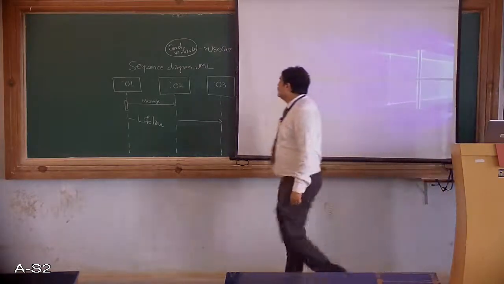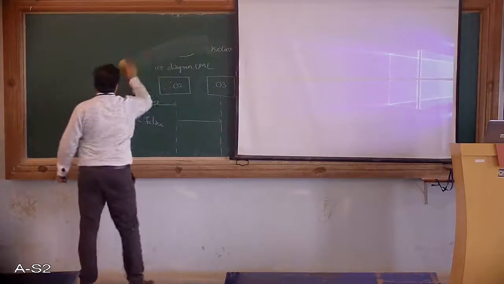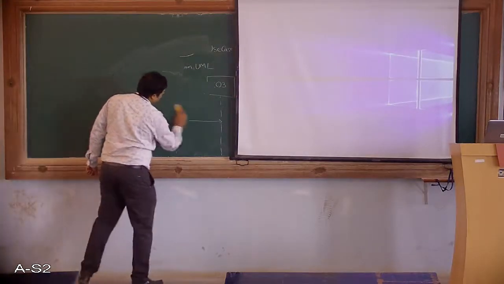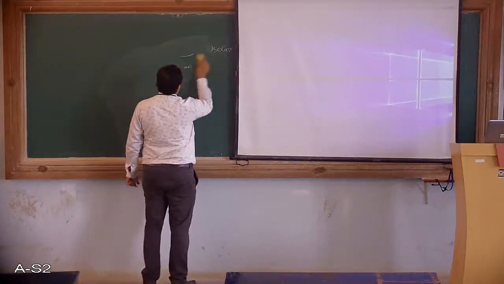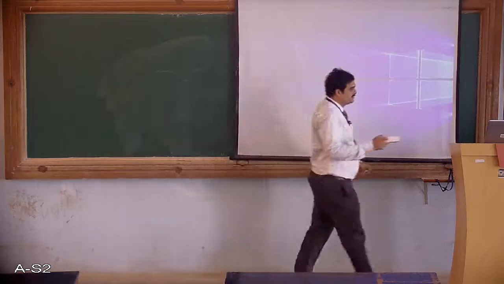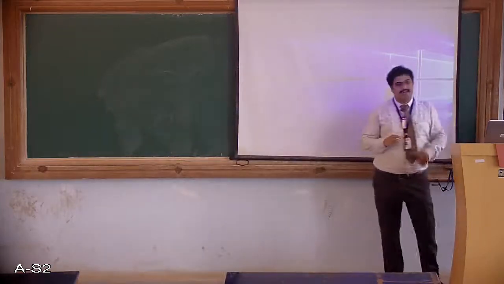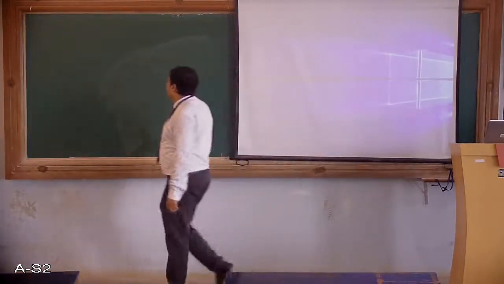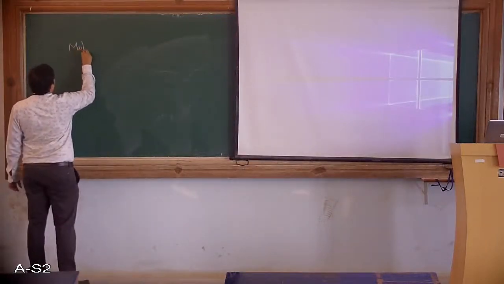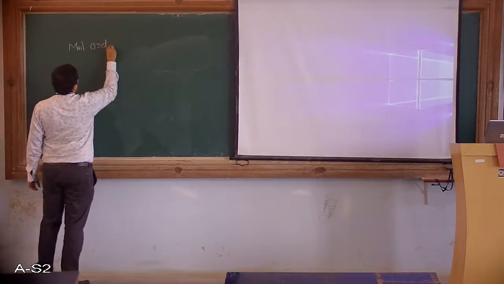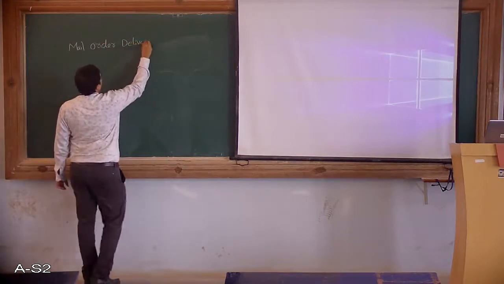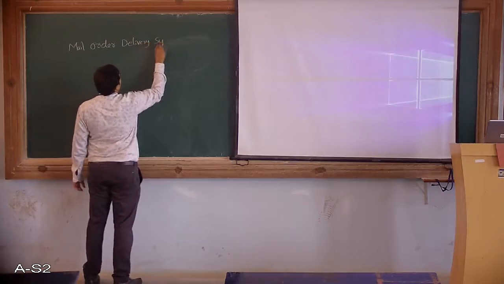We'll consider one small example of how we can draw the use case diagram considering the steps of the application analysis. There is an example called mail order delivery system.